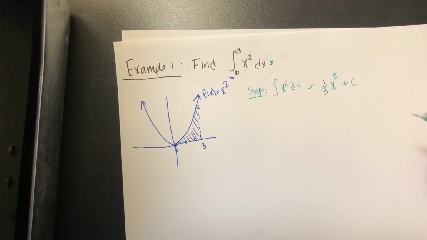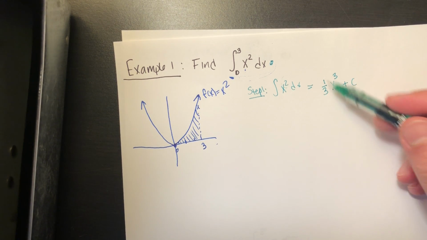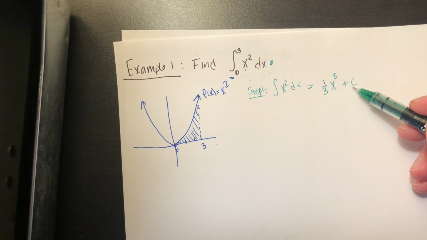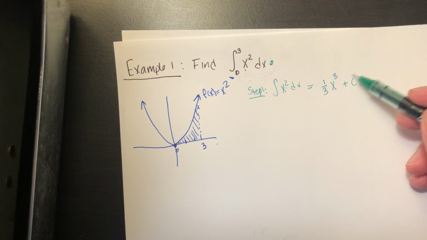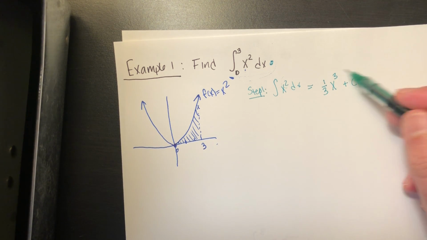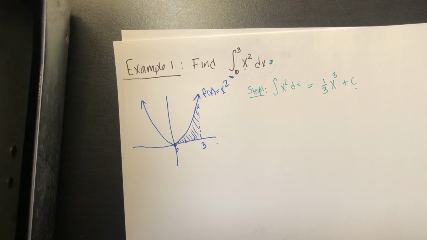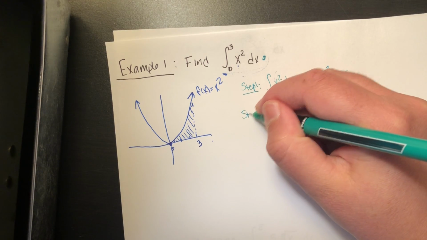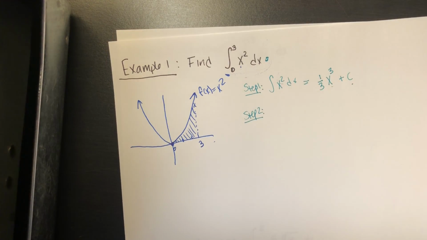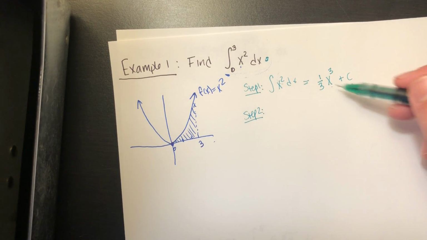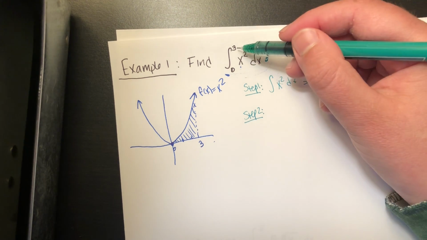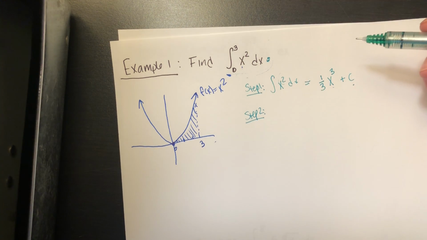Then we put a plus c at the end because in general an antiderivative can have any constant added at the end. As long as this is a constant here, when you take the derivative of 1/3 x cubed plus a constant, you get x squared, as desired. So now step 2 is to take this antiderivative and plug in 3 and plug in 0 and subtract.